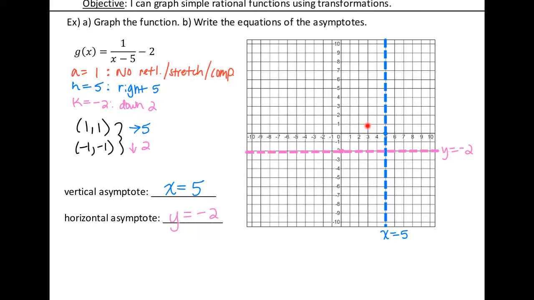So 1, 2, 3, 4, 5, down 1, 2. So you should end up at 6, -1. And then -1, -1, you go to the right 5 times. So 1, 2, 3, 4, 5. Then down 1, 2. So you should be at 4, -3.